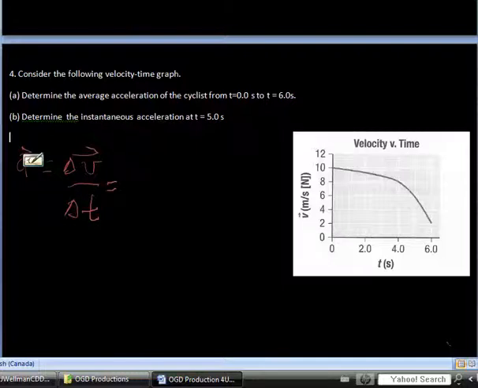So you start at your top point, you start at your bottom point, and you find your slope of your graph. And you go to here. Yeah, looks better.